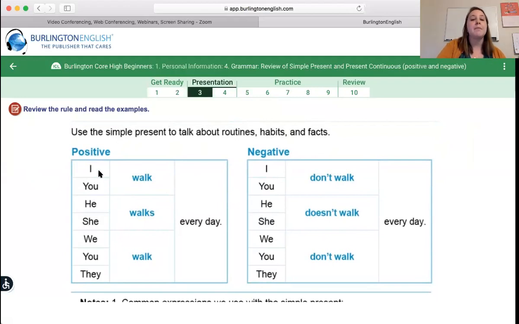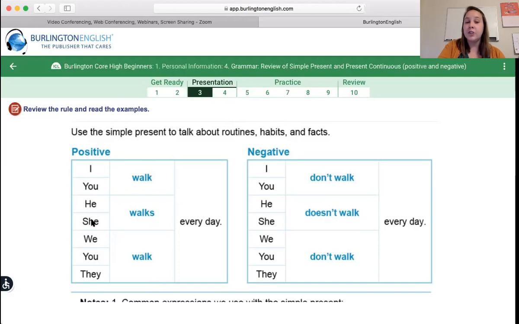But let's look, read this with me. Repeat after me. I walk. You walk. He walks. She walks. We walk. You walk. They walk. Okay, so for the most part, it's the same.